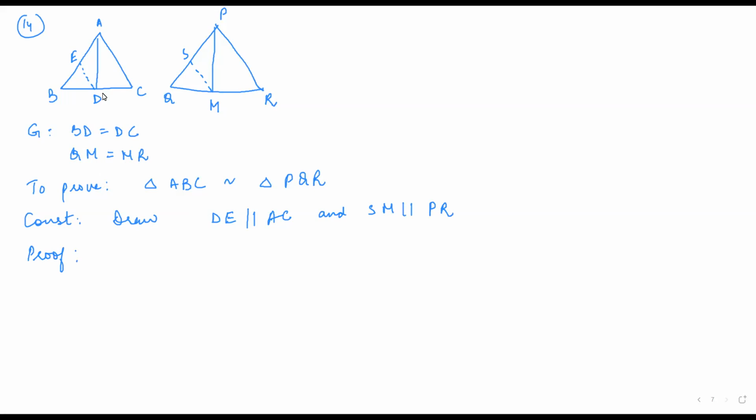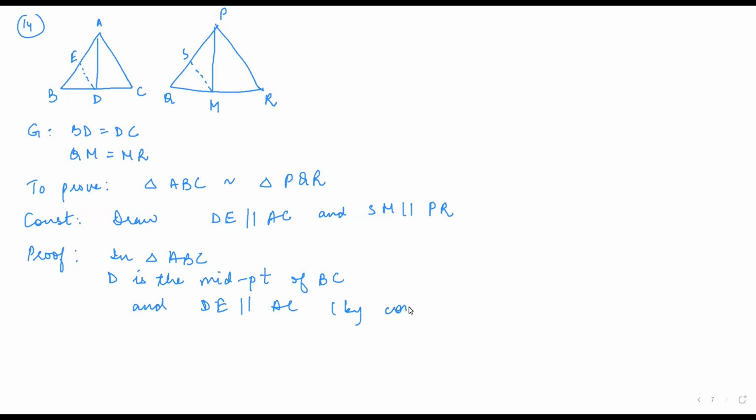It's already given that AD is the median. That means D is the midpoint of BC. Okay, so basically in triangle ABC, D is the midpoint of BC, already given, and DE is parallel to AC by construction.